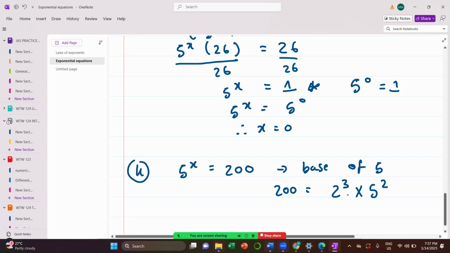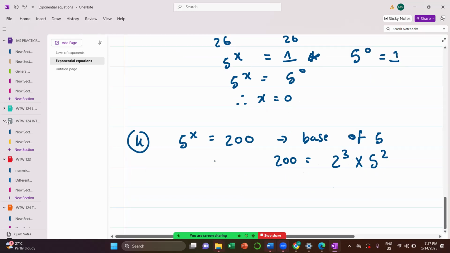So do you see that I do have a base of 5 here, but I'm still also multiplying it by a base of 2. So there's no way of me expressing 200 as only a base of 5. So this thing cannot be determined by methods that you are going to use in grade 11.